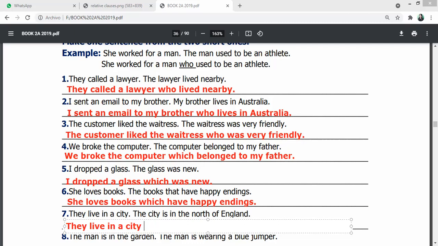Okay, or that. We can use that. In this case, we are not going to use where. Okay, we are not going to use where. Why not? Porque no vamos a ocupar el where.